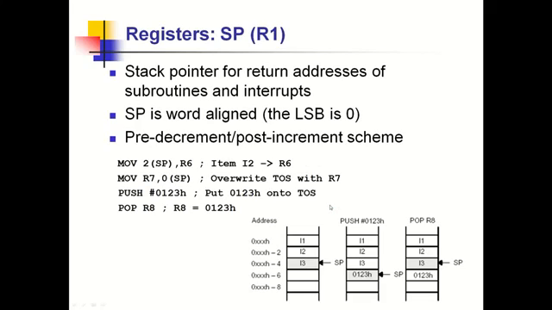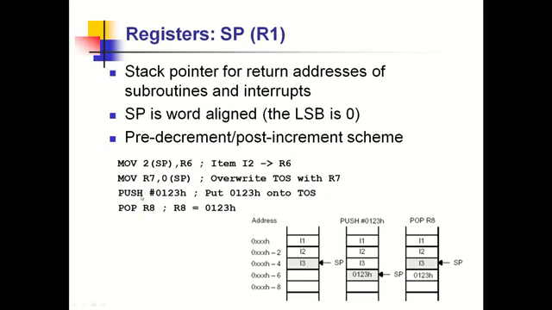Similarly, the stack pointer. As you can see in the instructions, move 2 comma SP to R6 means load the contents of the R6 register whose address is specified by the stack pointer plus 2 locations. Or move R7 comma 0 comma SP means overwrite the top of the stack with the contents of R7.